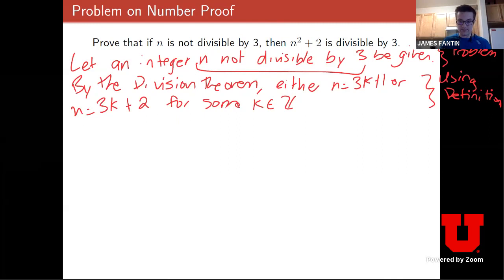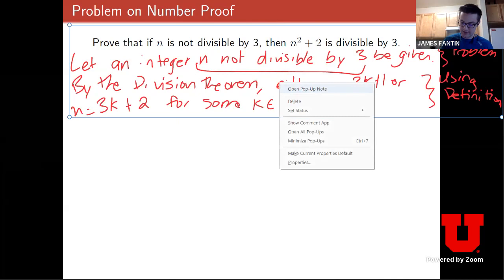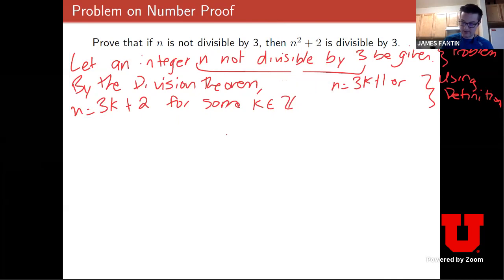Here, by the division theorem, we could have put that there exists a k, an integer, such that n equals 3k plus 1 or n equals 3k plus 2.